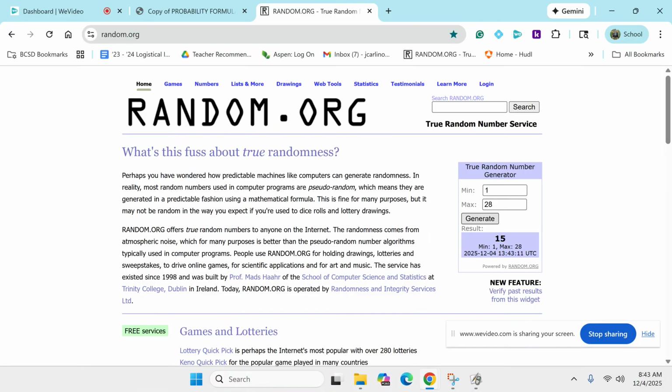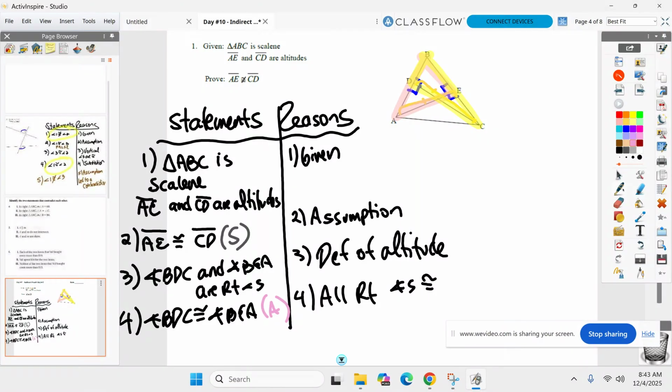Charlotte, see anything? Anything that's maybe shared between the two triangles? A side or an angle that is shared between both of them. Angle B is shared by both. There you go. Angle B congruent to itself, reflexive.